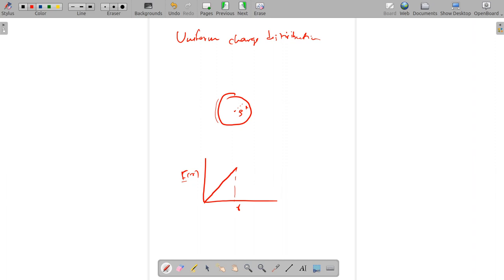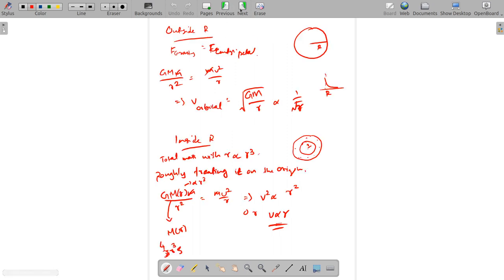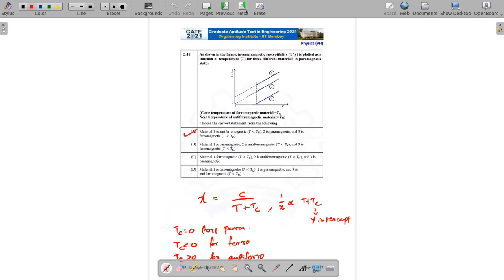It is proportional to r in this region, and outside it goes as 1 by r square, not 1 by root r. It increases up to capital R and decreases thereafter. This is the case of a charge distribution, whereas the earlier one was a mass distribution. I just want to show you the similarity. It's kind of an interesting thing.